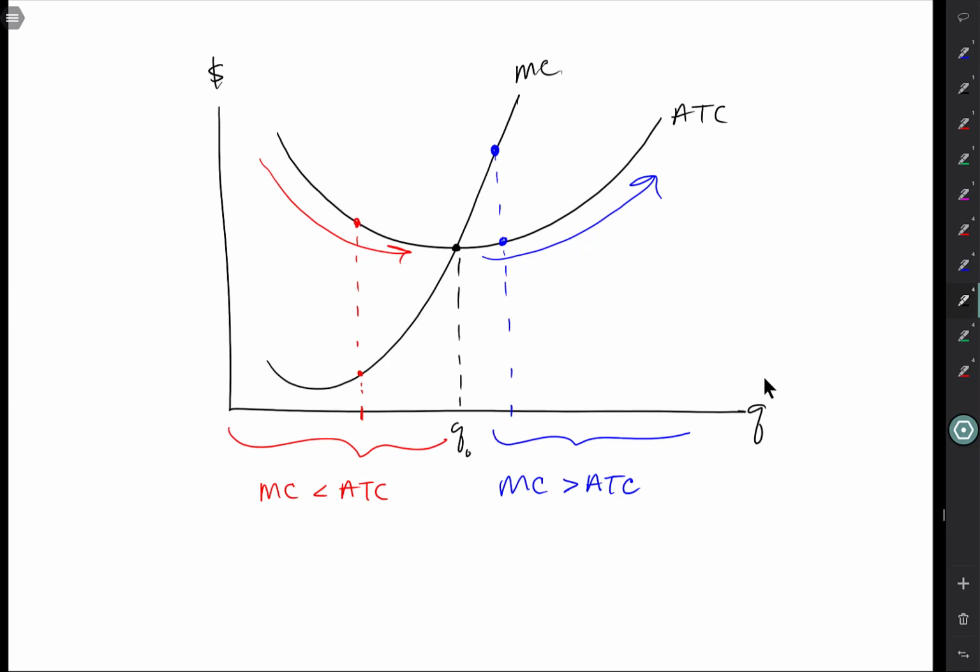Here's another example, and this is one that definitely applies to you. Your GPA, your overall GPA, right? Your overall GPA prior to the semester, walking into the semester, it is what it is. That's your average GPA walking into the semester. Right now, we live at the margin, ladies and gentlemen. You are at the margin. The only way to improve your overall GPA is if at the margin you do better than you've done on average so far.